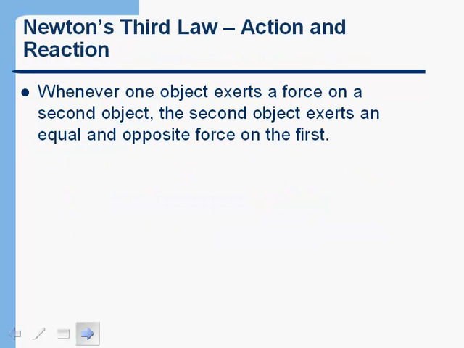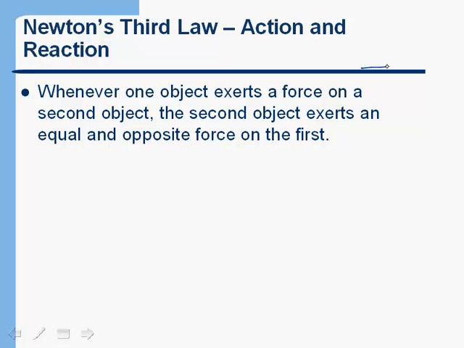It turns out that not only do forces occur in pairs, but those forces are equal. So here's what Newton's third law says. Whenever one object exerts a force on a second object, the second object exerts an equal and opposite force on the first.